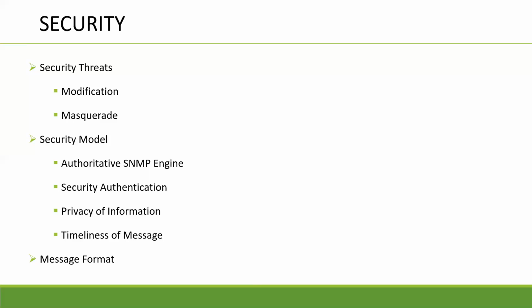The third group of data, security parameters, is used by the security model in communication between sending and receiving entities. The value of the parameters fully depends upon the message security model in the header data.